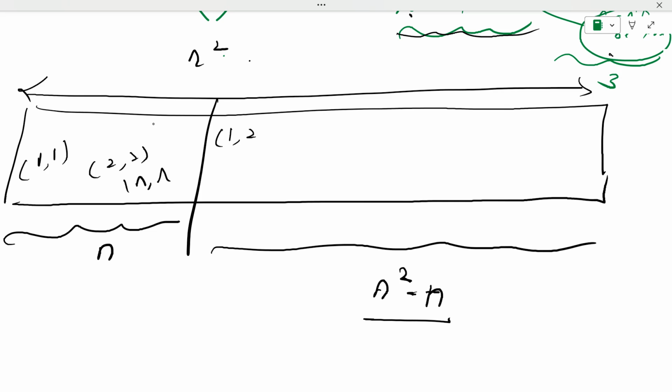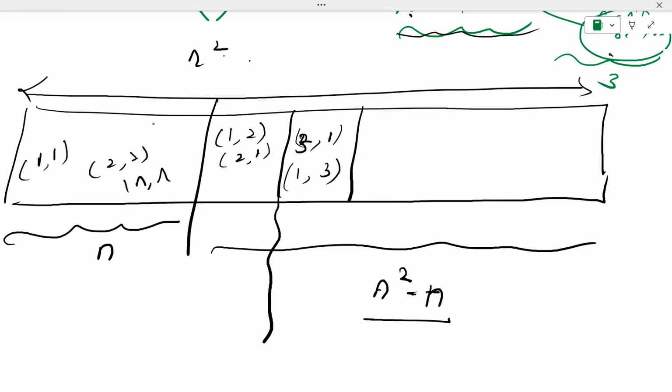So 1 2 and then 2 1. Similarly, 3 1 and 1 3, like this. So we are taking these pairs. Now for each pair, let's identify the condition of being present, because the presence of this depends upon the presence of this.